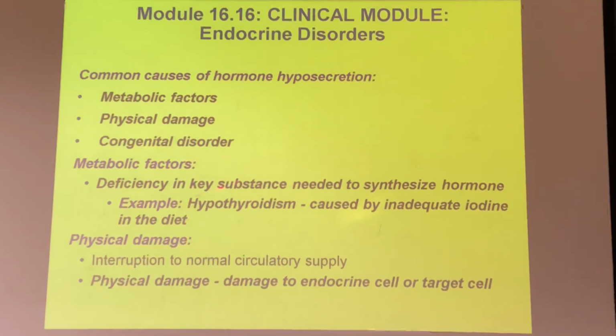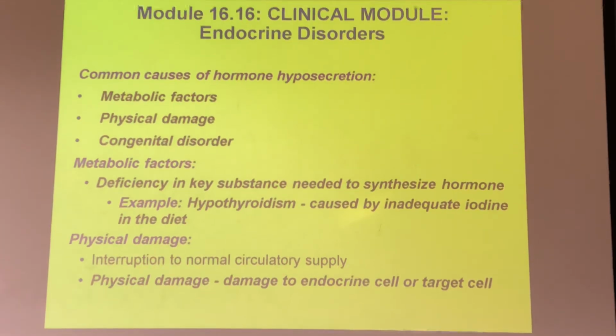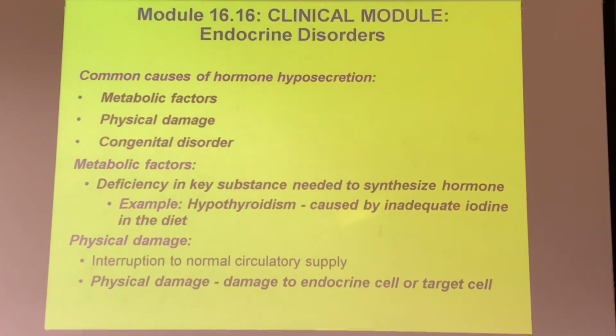Metabolic factors: a deficiency in the substance which is needed to synthesize the hormone, that you don't have. An example is hypothyroidism, which is basically inadequate iodine in the diet, but it can be controlled so that you can be given the iodine. Physical damage is damage to the endocrine cells or the target cells.